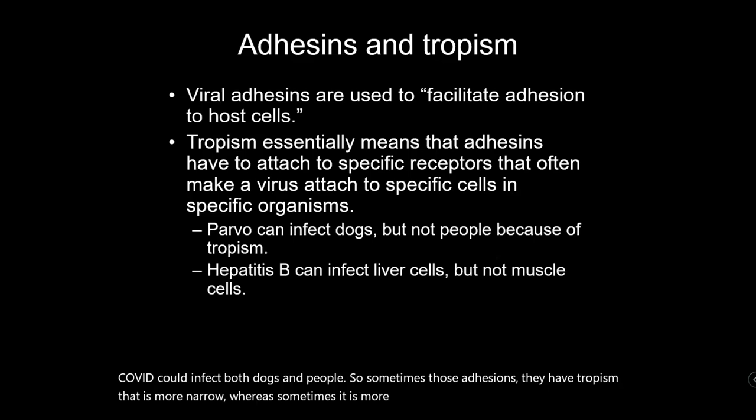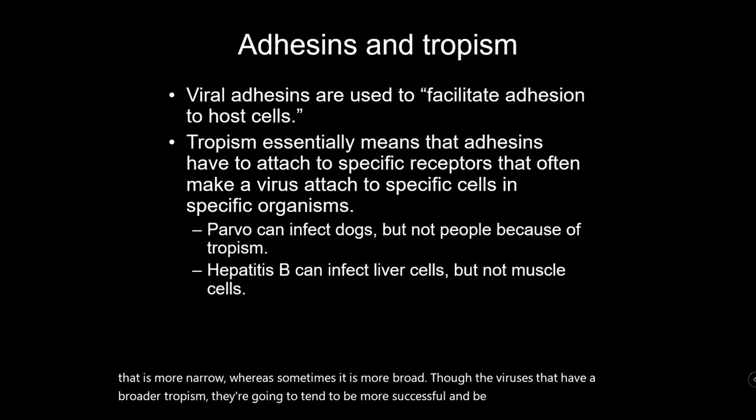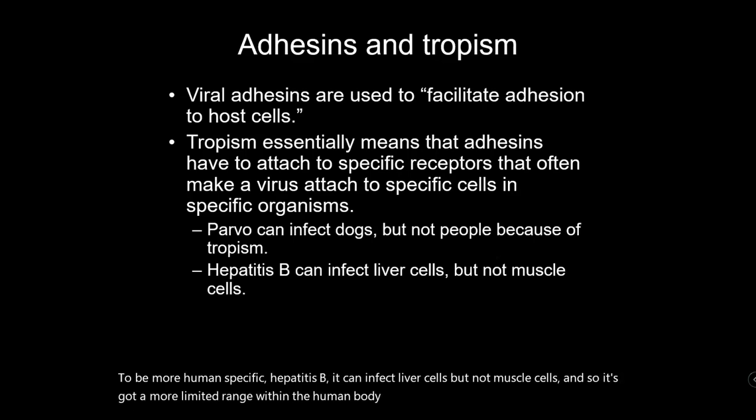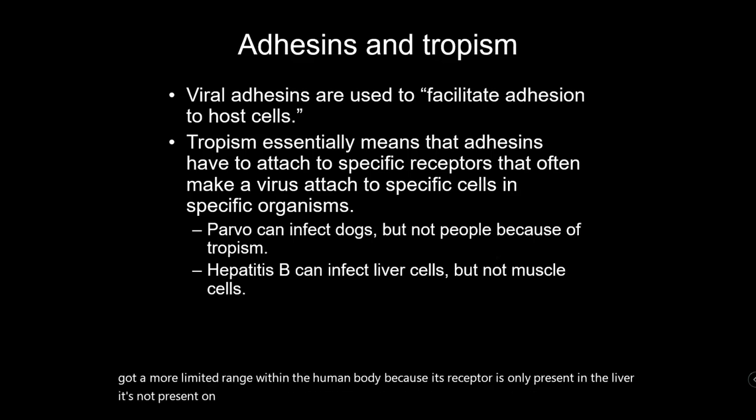The viruses that have a broader tropism tend to be more successful and more virulent out there in the world. To be more human specific, hepatitis B can infect liver cells but not muscle cells. And so it's got a more limited range within the human body because its receptor is only present in the liver. It's not present on as many cells as that ACE receptor is for the COVID virus.